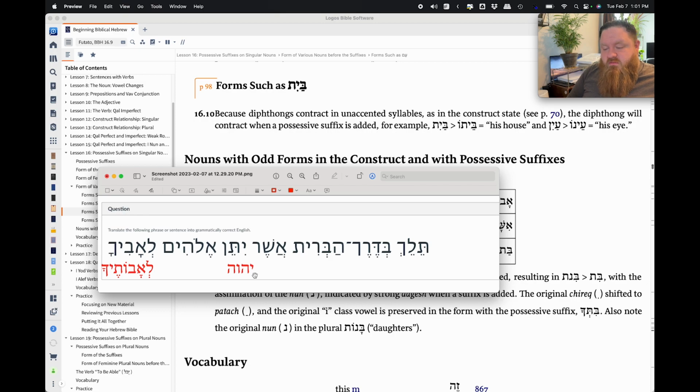Any of those are fine with me. Those are all conventional ways of translating it. But I need you to realize that this is a name. This is not just any noun. This is a proper noun. It's a personal name. And so, as such, it will always be definite. So if something is in construct with this word, it will not have a definite article because it's a name, and Hebrew doesn't usually put definite articles on names, but it's still definite. That's important to realize.